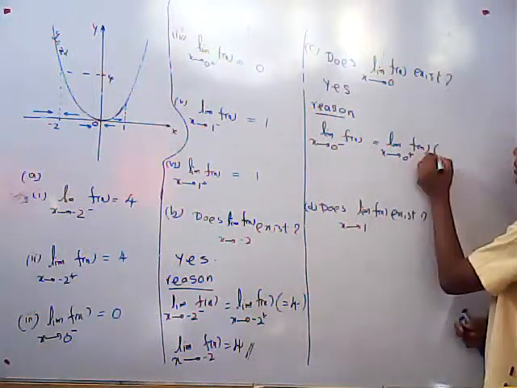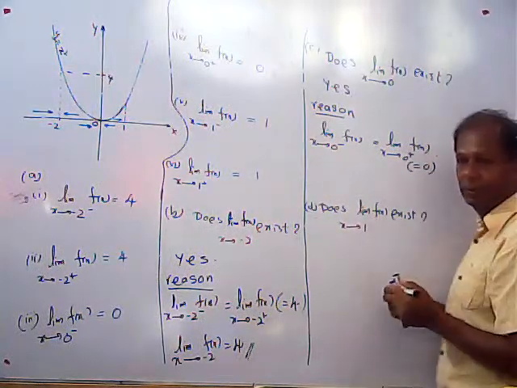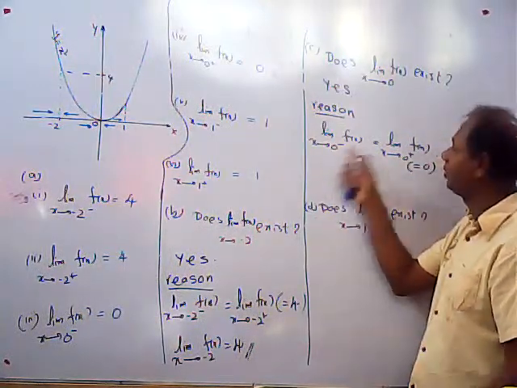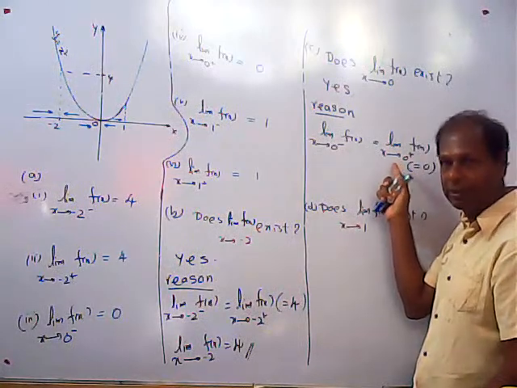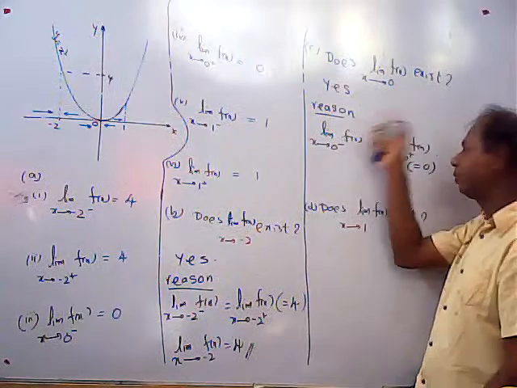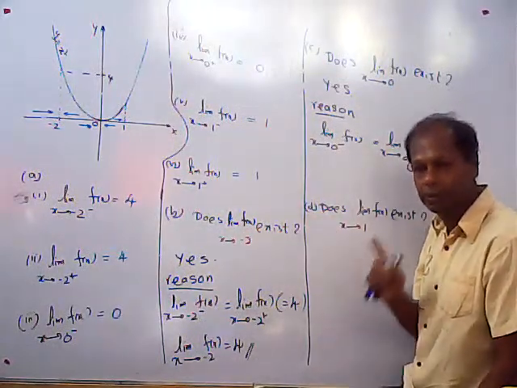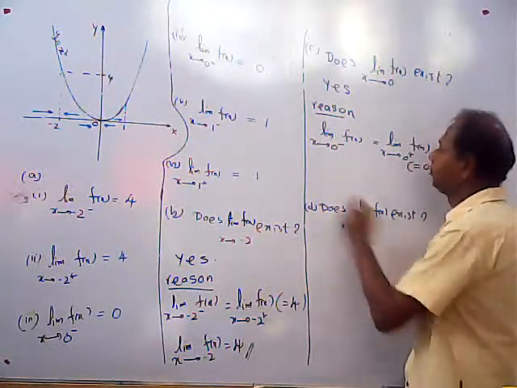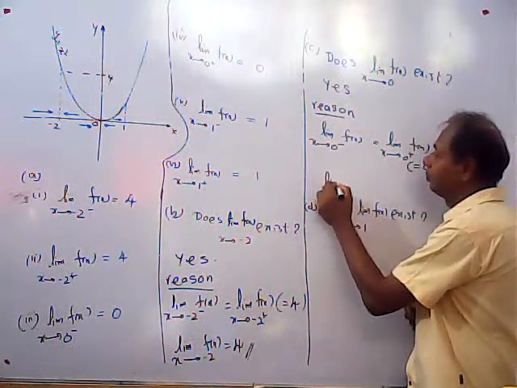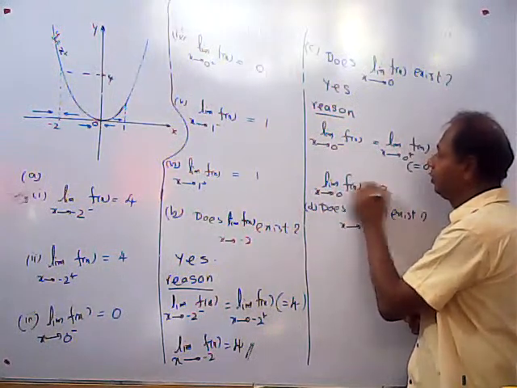But further, they are equal to 0. So the left limit is equal to the right limit, and both are equal to 0. Therefore, the limit at 0 is 0. The limit as x goes to 0 of f(x) is equal to 0.